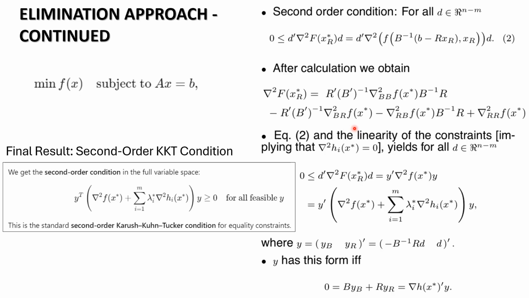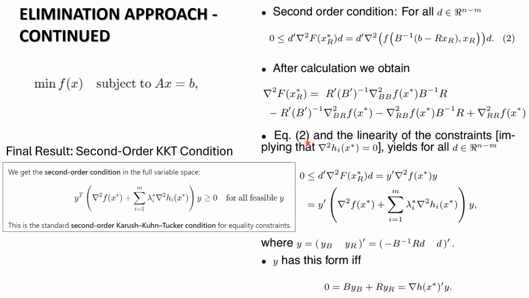After calculation, the resulting expression is as follows: the second partial derivatives of this function, the Hessian. So this is a reduction of the full Hessian of function f into a form acting only on x_r, using chain rule and implicit differentiation.